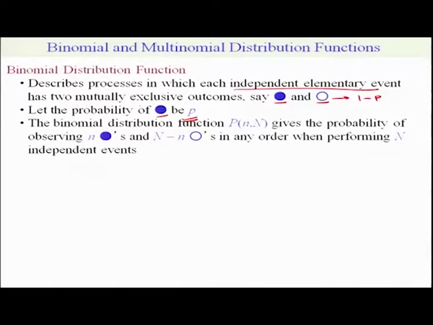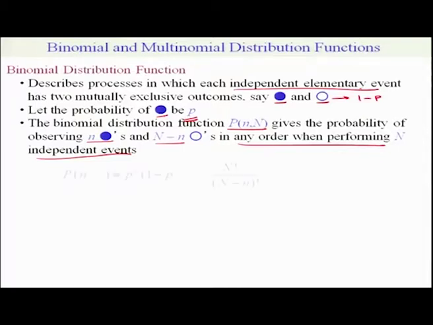collectively exhaustive. Now, the binomial distribution is given as p(n), where N is the total number of outcomes and n is the number of outcomes of a specific type. Here we are interested in the outcome of the events having a filled circle. So, the binomial distribution gives the probability of observing n filled circles and N minus n empty circles in any order when performing N independent events.